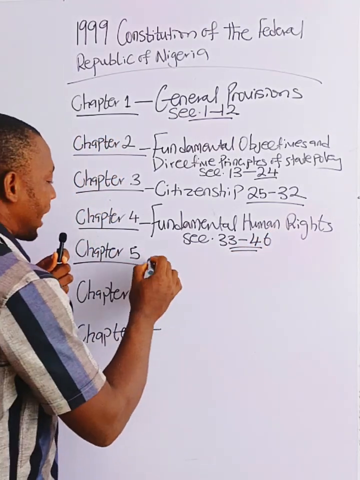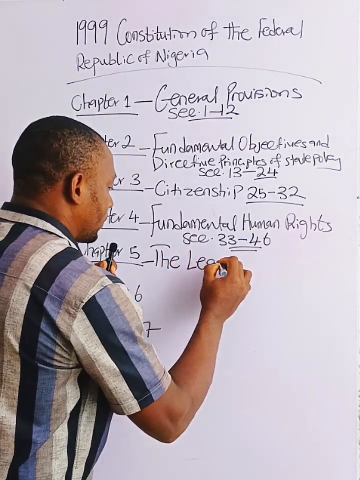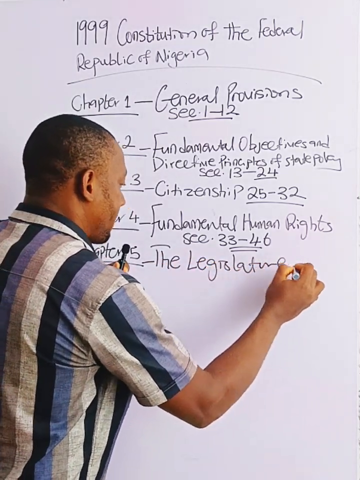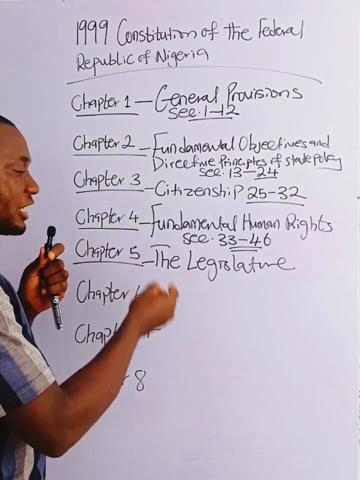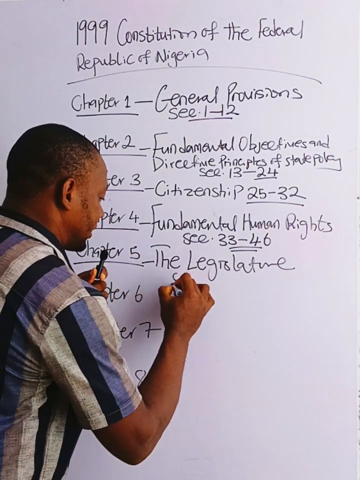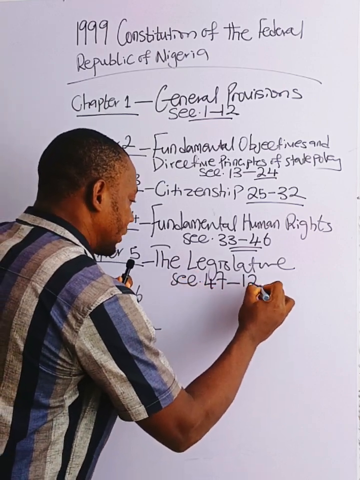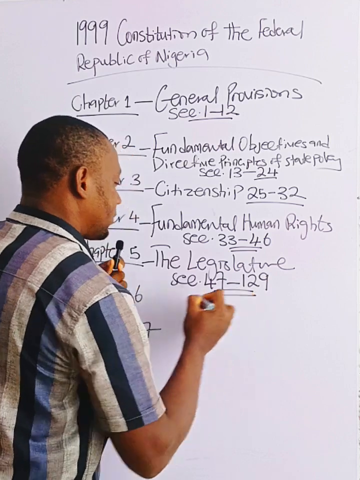Chapter 5 talks about the legislature, the National Assembly and the state houses of assembly, between section 47 to section 129.